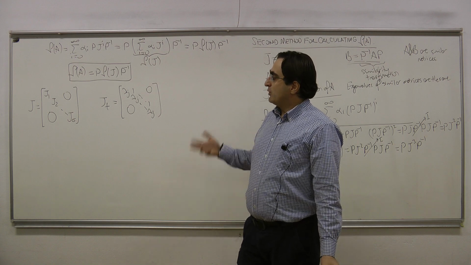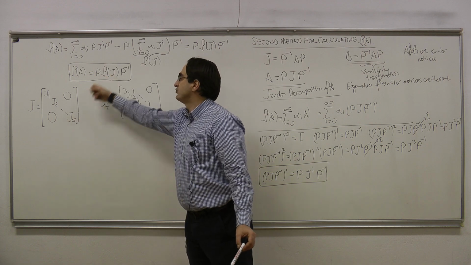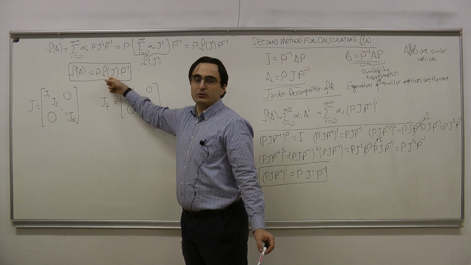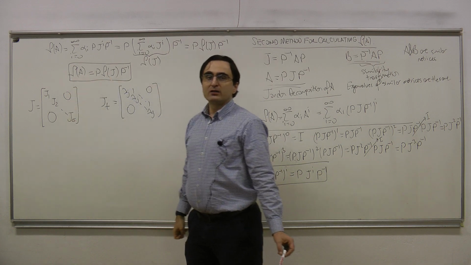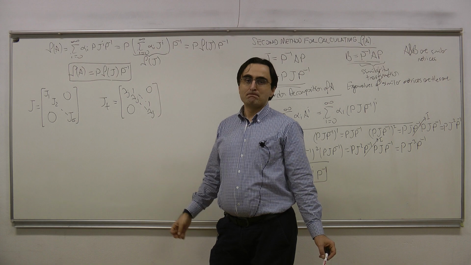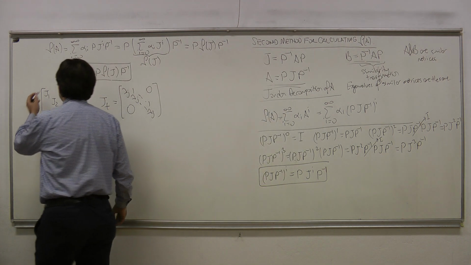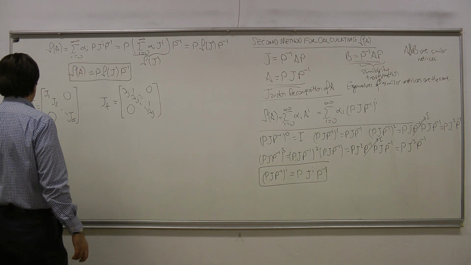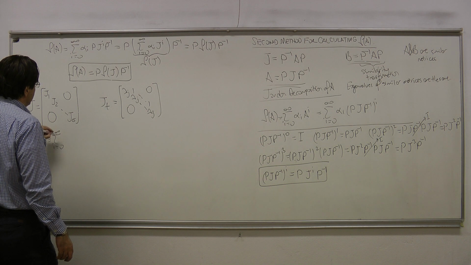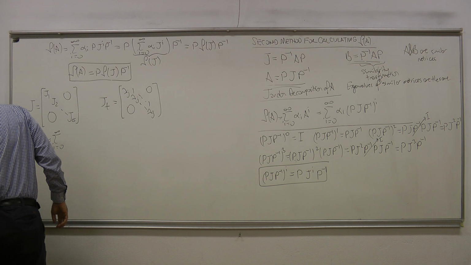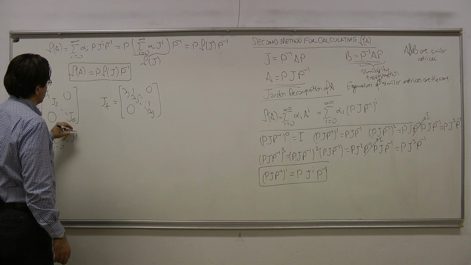Now we would like to calculate the function of this matrix, f of J, so that we can substitute it here into this formula to calculate our final aim, which is f of A. So now let me try to write f of J. F of J is the sum over i from 0 to infinity of alpha_i J to the i.